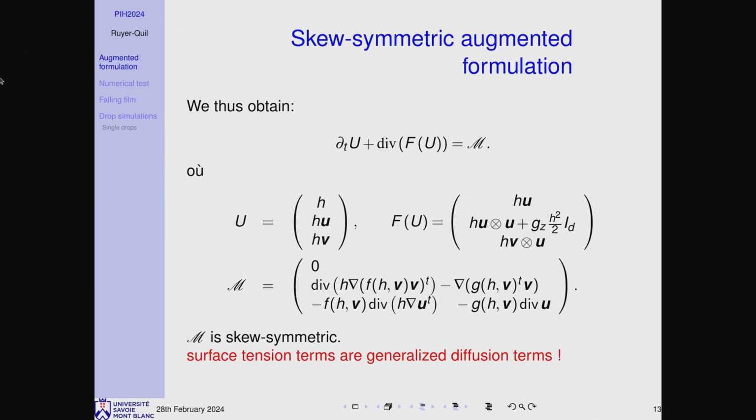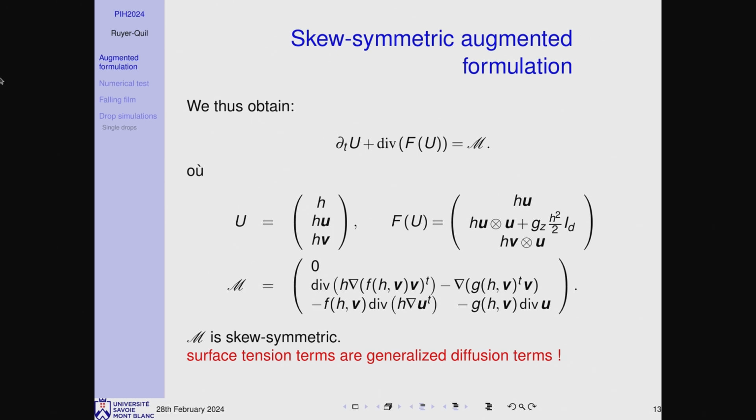But the difference with the traditional formulation is that we have left-hand side terms here, which are written here. And these left-hand side terms are quite involved, but in fact they have the form of generalized diffusion terms because they are second order with respect to the operator.